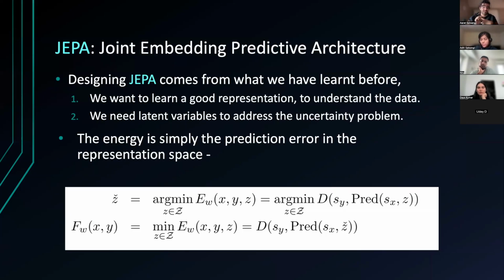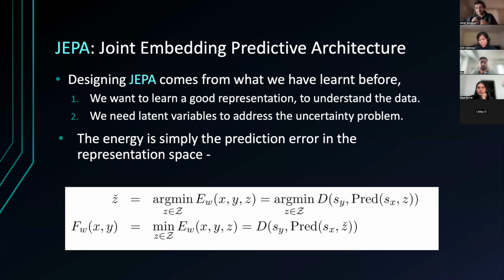And the part is that we don't want to do the exact thing that generative models are doing. Why we don't want to do that is because there can be a lot of different things that can be represented there, right? There will be a lot of different ways to represent the same image. There can be different pixel values.